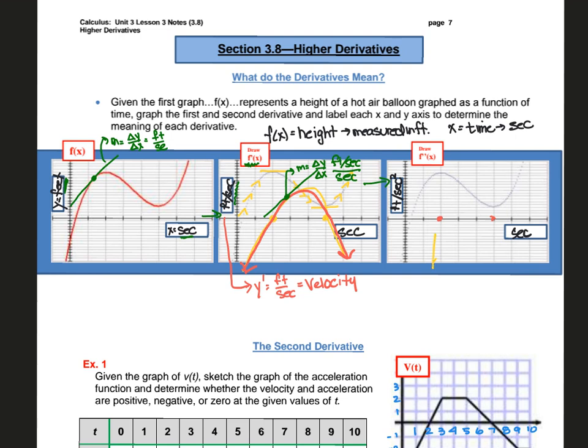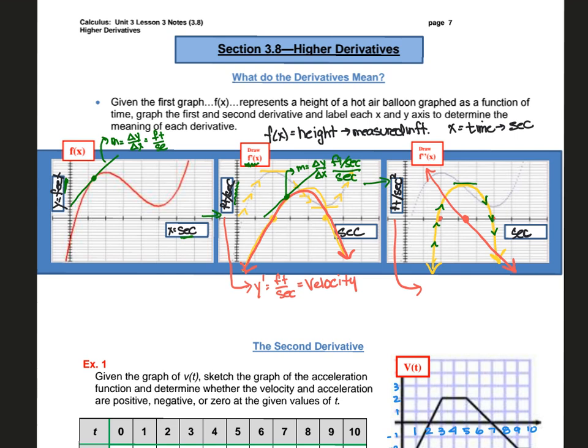I'm actually going to graph it in yellow. And then we would graph the derivative of that. And again, we have a place where we have a horizontal tangent, and then our graph is going up, and then our graph is going down. So when we graph the derivative of this, it will start positive and go negative. And that would be the graph of the second derivative.